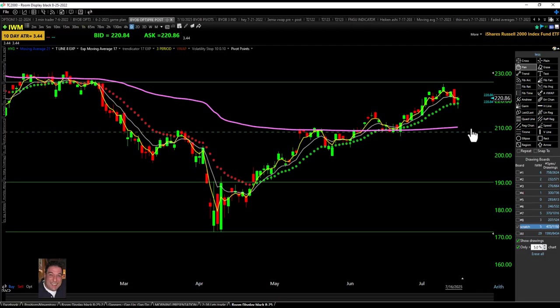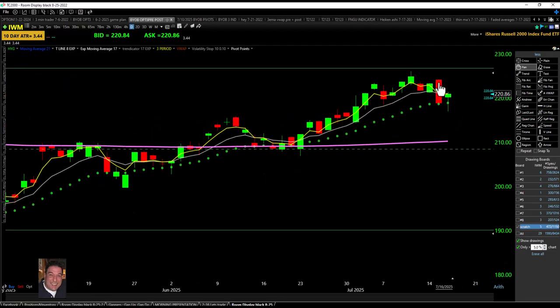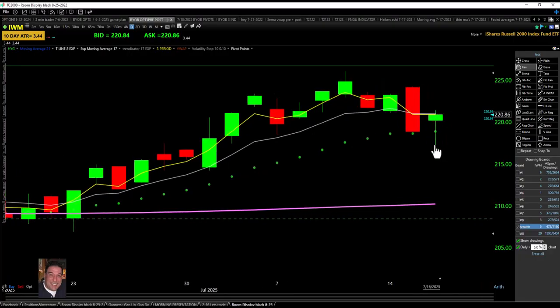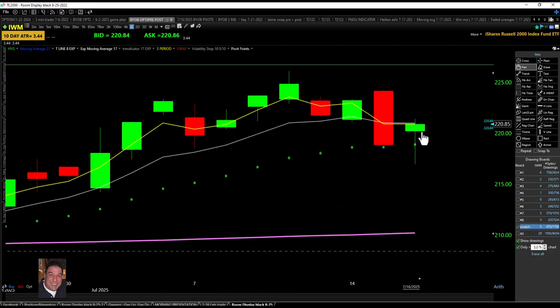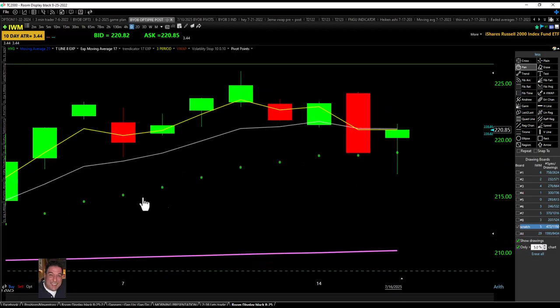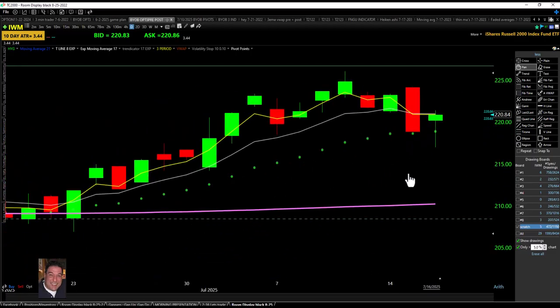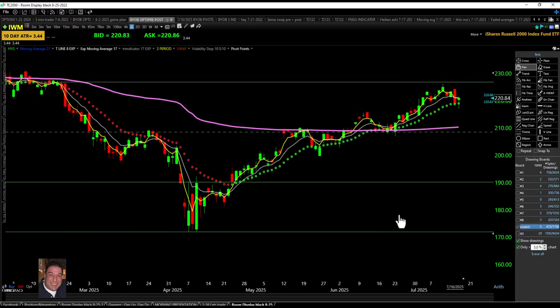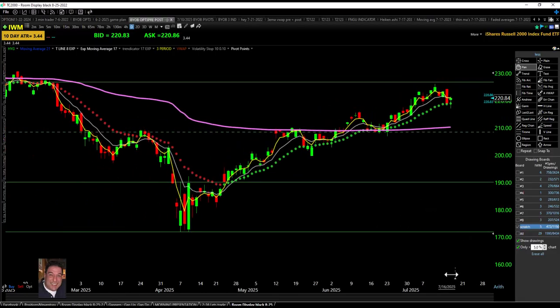All right, IWM putting in a horrible candle yesterday, much better candle today. Lower high, lower low, closing inside of a bearish trap, but over a rising 17 EMA. So that's bullish. Again, up at the top of quadrant 4.